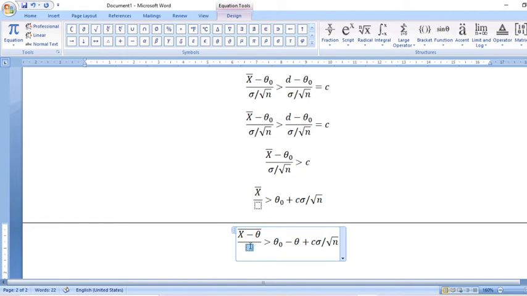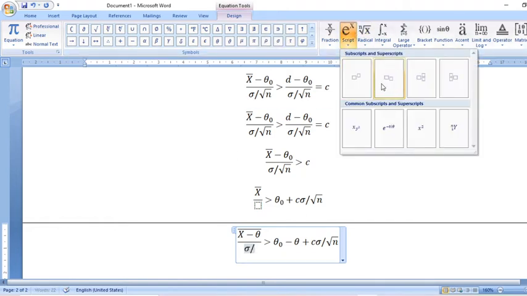We can divide with the sigma on both sides.